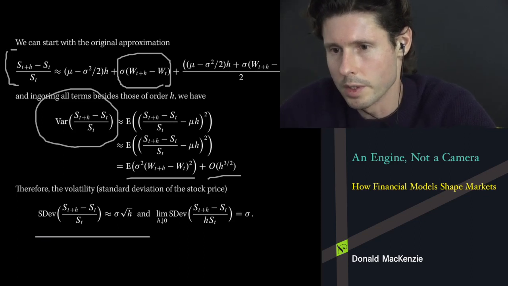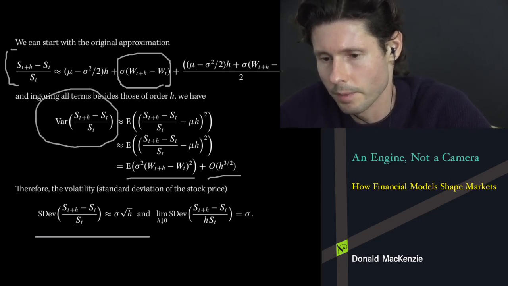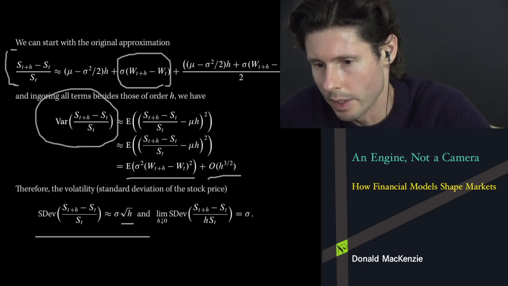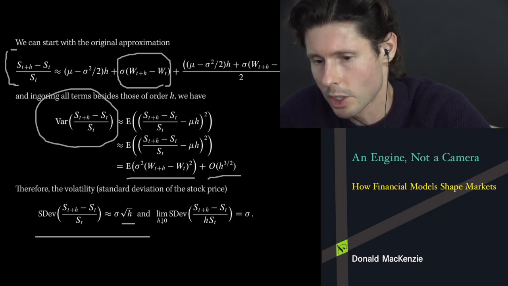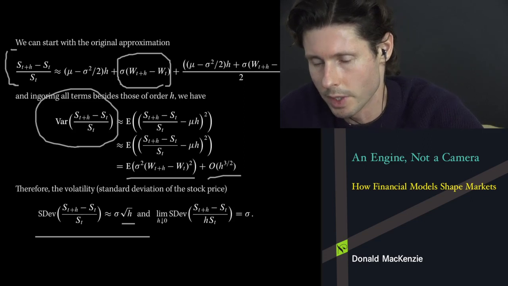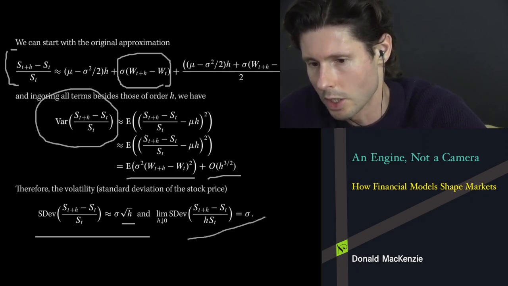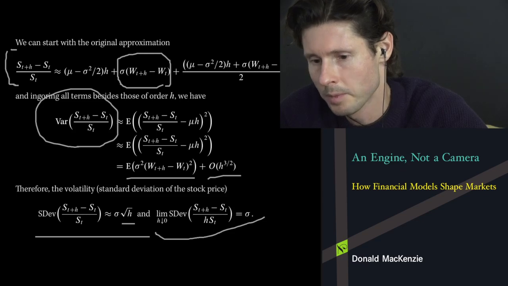So in other words, units of volatility go in time lengths not linear in h, but square root of h. And so you can see now why sigma, this parameter of the geometric Brownian motion, is actually called the volatility. It satisfies this equation as h goes to 0.